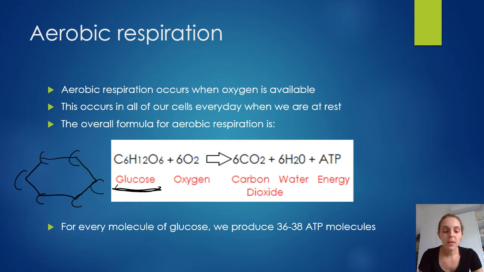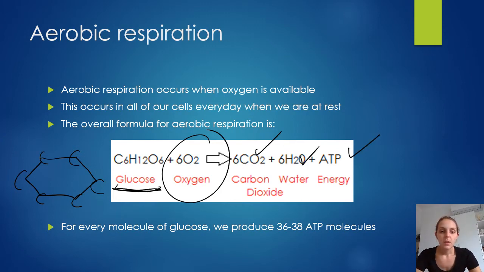Now we're assuming that with aerobic respiration, we're going to have oxygen available. So that's one of the reactants in this formula. And then at the very end of the process, we release carbon dioxide, we release water, and we get our ATP from this. In the next lesson, when we do anaerobic respiration, you're going to see where this part isn't shown. We don't have the oxygen.